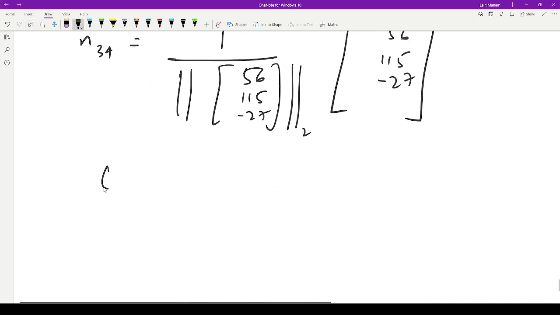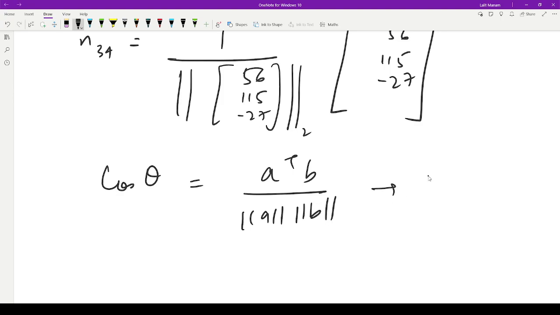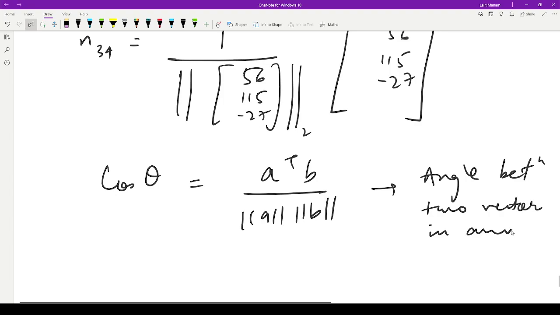So in general, we know this thing, right? Cos theta is, I'll write it in a different way. So this is the angle between two vectors in any real space.